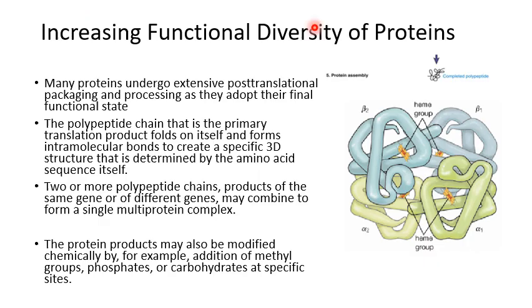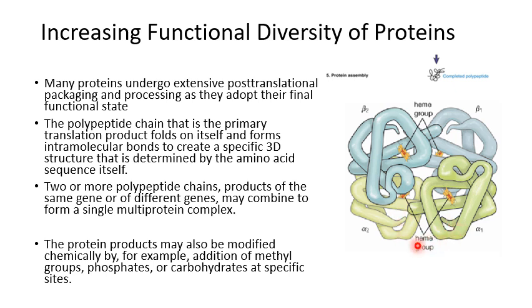And you have to know that these produced proteins are not linear structures, and they are not 2D structures. Many of these proteins undergo extensive post-translational packaging and processing, and they further adapt to their final functional status.